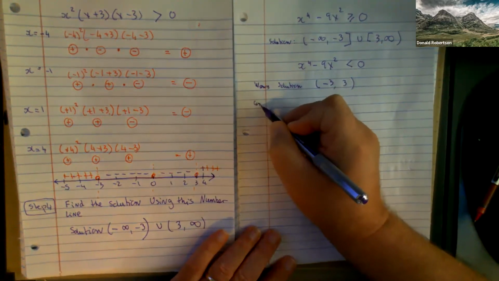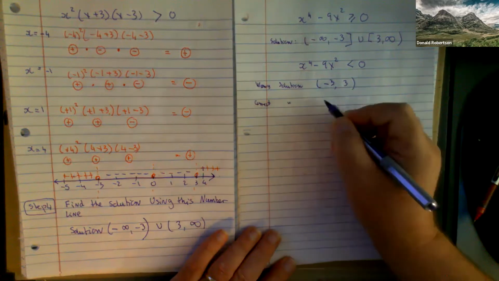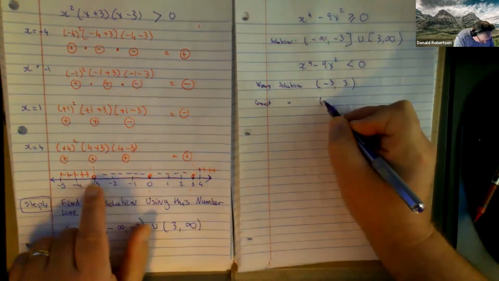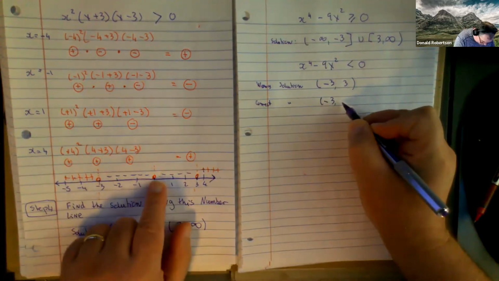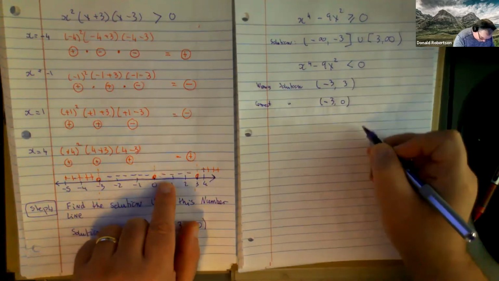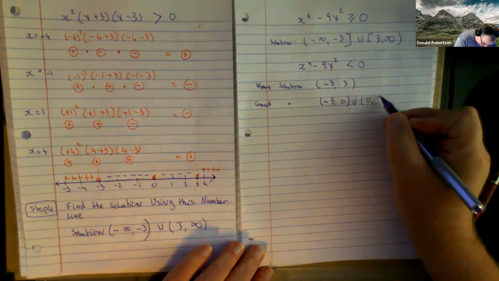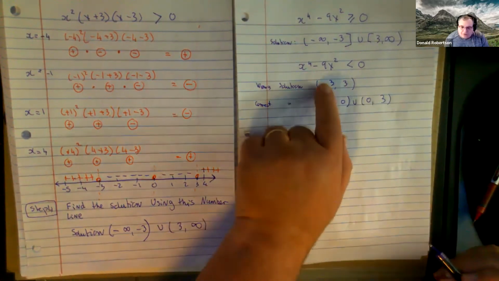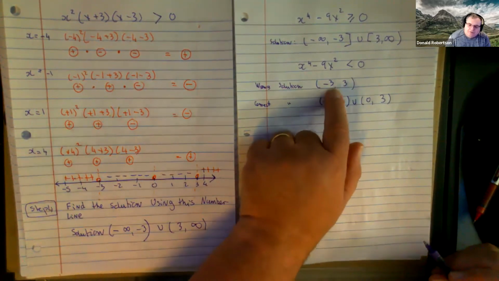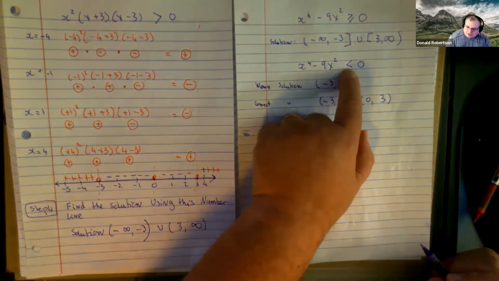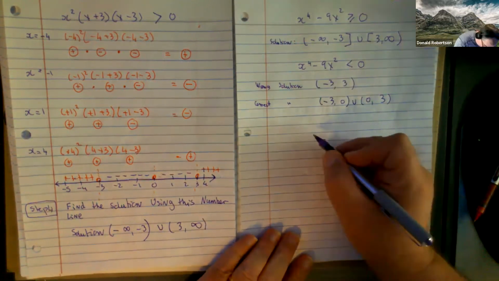The correct solution would be -3 up to 0, but you can't use 0. Starting at 0, and you can't use me, to 3. So do you see the subtle difference is the value of x equals 0 was not usable in this question.